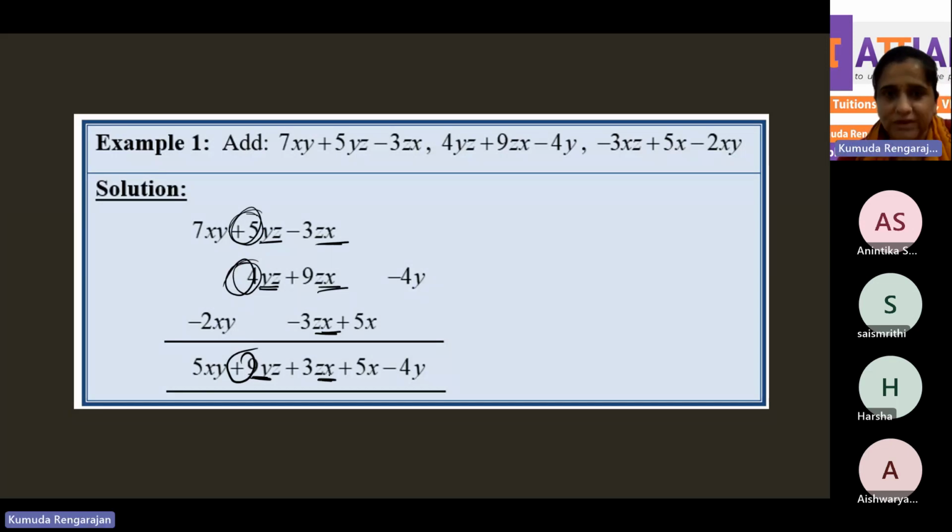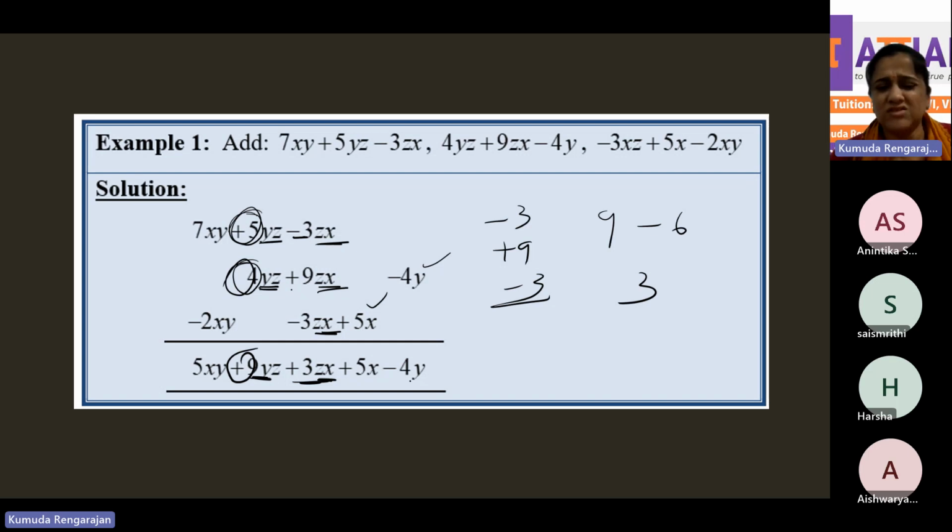The answer will also be one among them, like term. So minus 3 plus 9 minus 3. Simplify this. So minus 3 is minus 6 and plus 9. So 3zx. And see, these don't have similar terms. So they just come down as they are. So plus 5x minus 4.